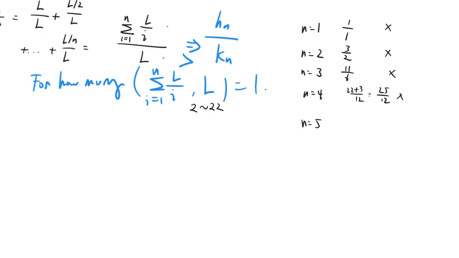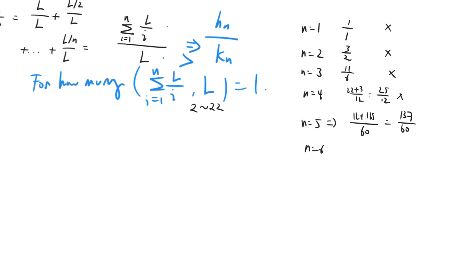N equals 5 would give us 60, right? So 60, 12 plus, right over 125, and that's 137 over 60. That's right, right? Yeah.